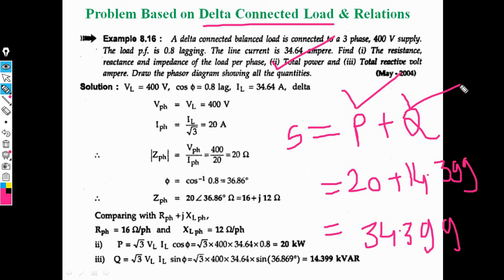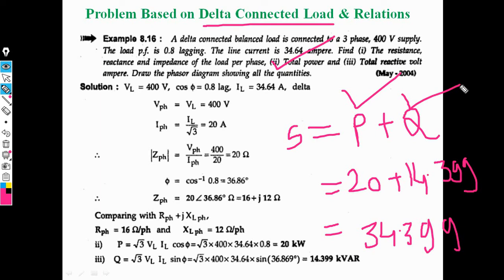Put ZPH is equal to 20 and phi is equal to 36.86. Now we have obtained the resistance value of 16 ohm per phase and the inductance value of 12 ohm per phase. Then we need active power and reactive power, and then we calculate total power.